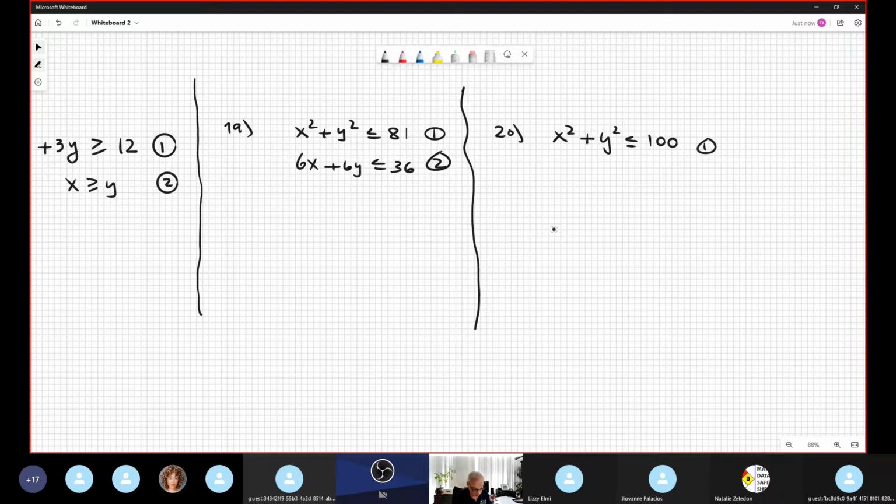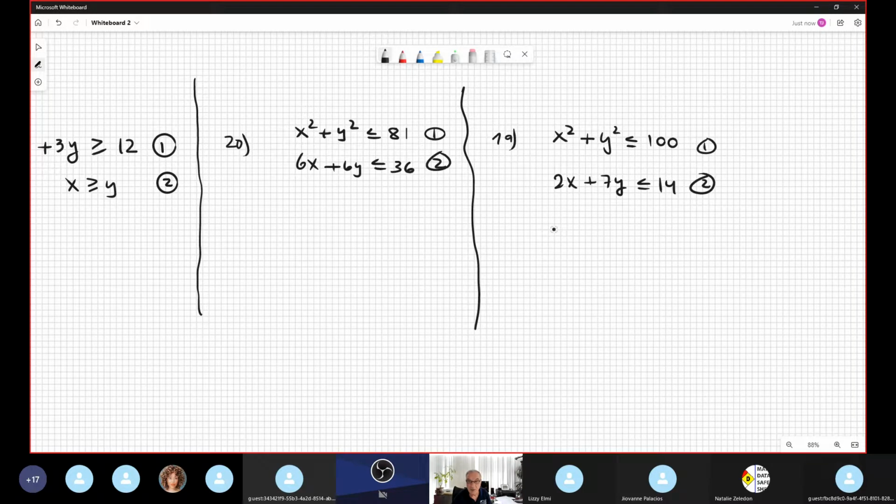Oh, you make a mistake, no? All right, this is 20. This is I switching the number. This is 20, and this is 19. So 20, and this is 19. Okay, so I want to copy 19. 19 is 2x plus 7y less than or equal to 14, no?